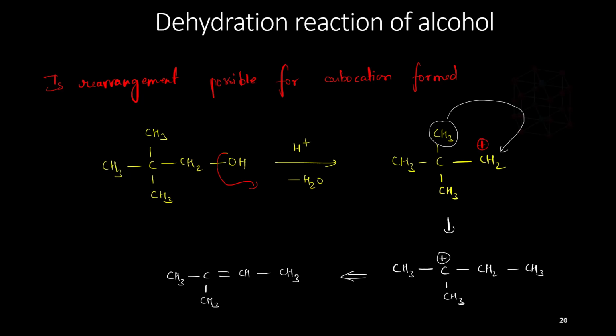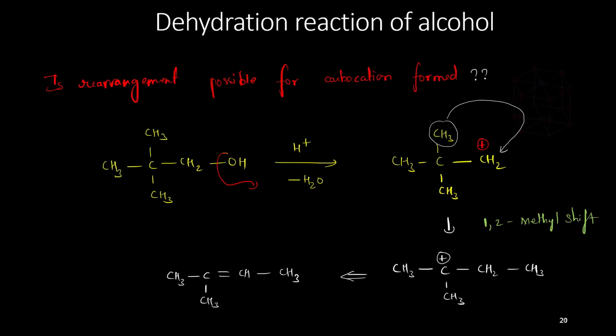Understood? So what is the meaning of rearrangement? Is rearrangement possible or not? This kind of rearrangement, as the methyl has moved from the second carbon to the primary carbon, we call the 1,2 methyl shift. Understood?